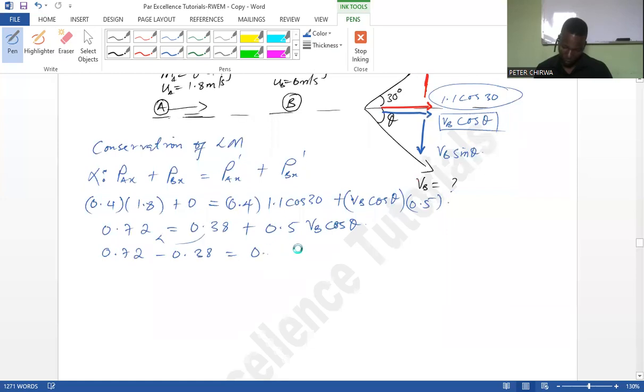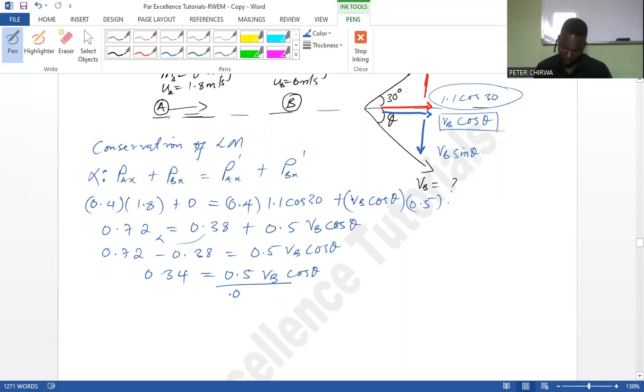So 0.72 minus 0.38 is 0.34, equal to 0.5 VB cos theta.